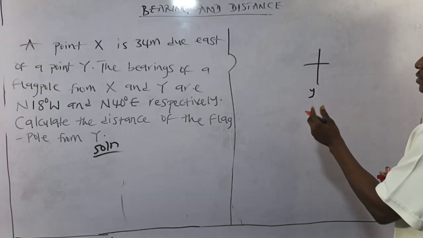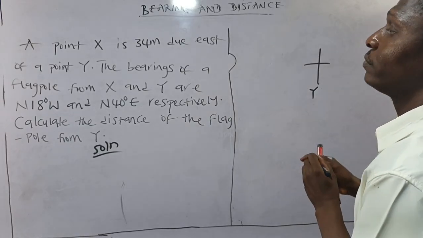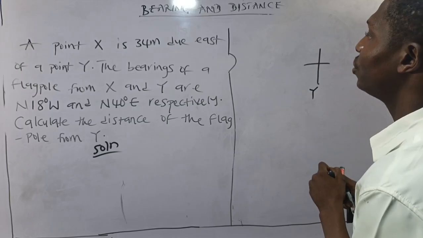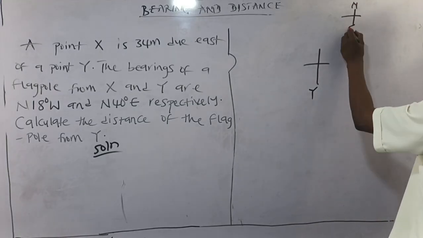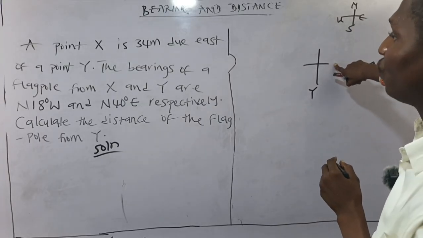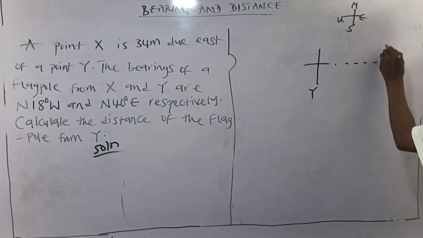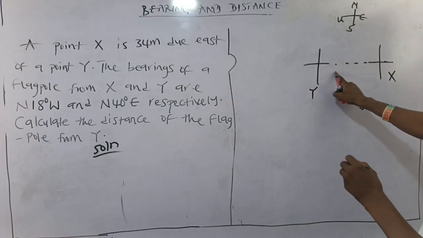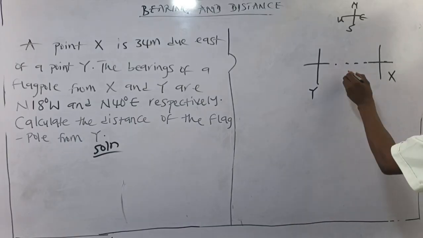If this is Y, and they said X is 34 meters due east of Y, we have north, south, west, east, and due east of Y is this way, and this becomes my X. That's where X is located.